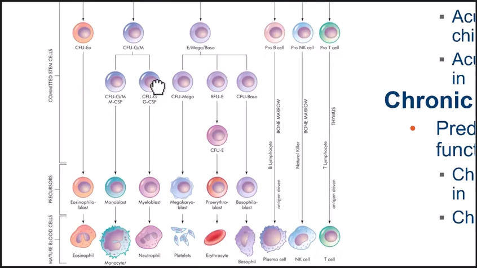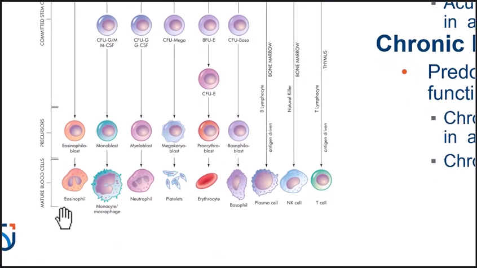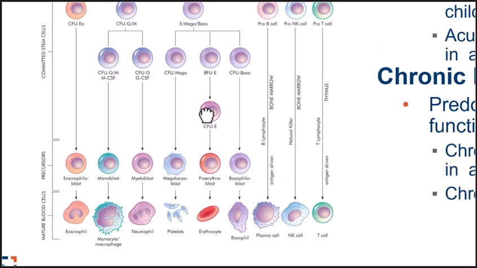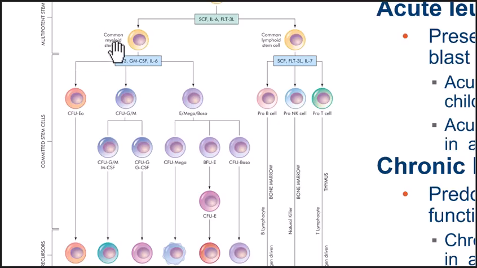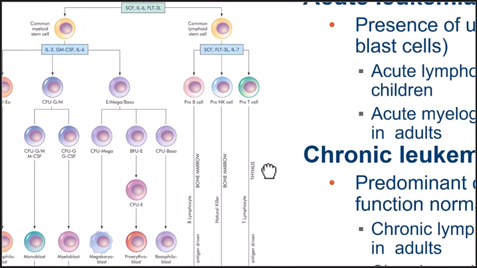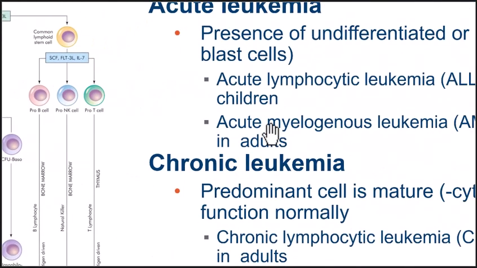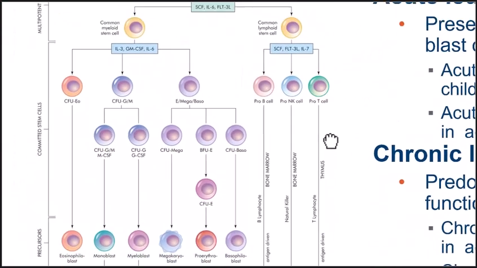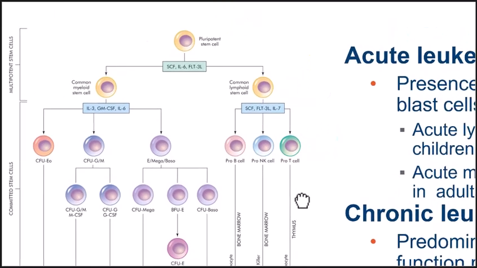The myeloid are going to differentiate into eosinophils, monocytes and macrophages, neutrophils, and basophils. So those all originate from the common myeloid stem cell. And so that is what the myelogenous leukemia will affect in both acute and chronic forms.